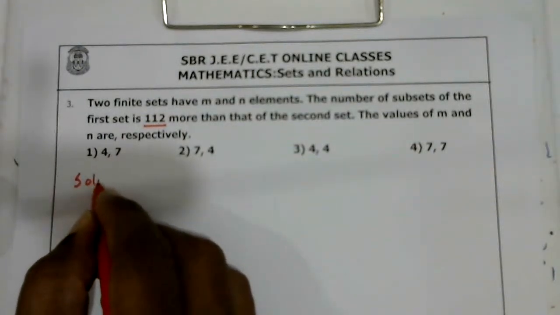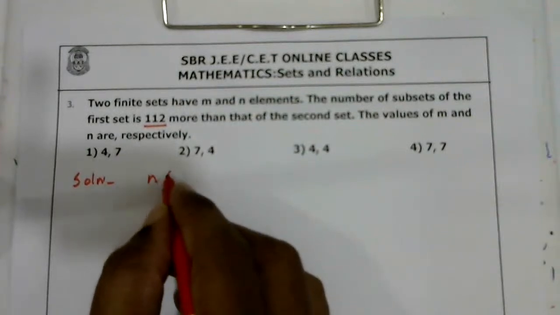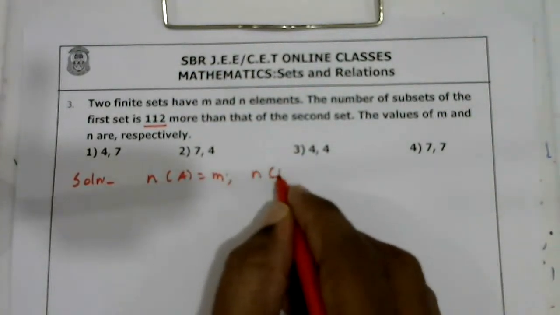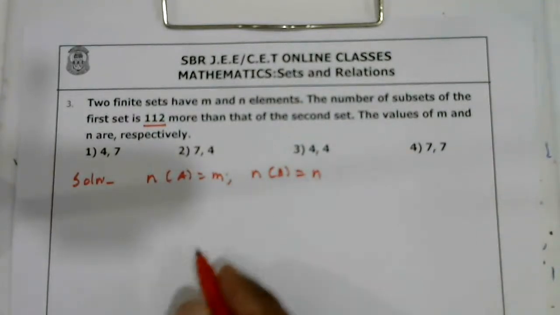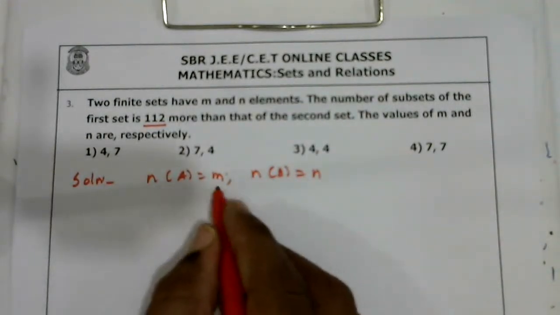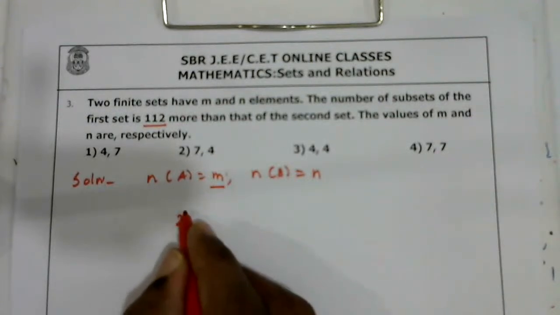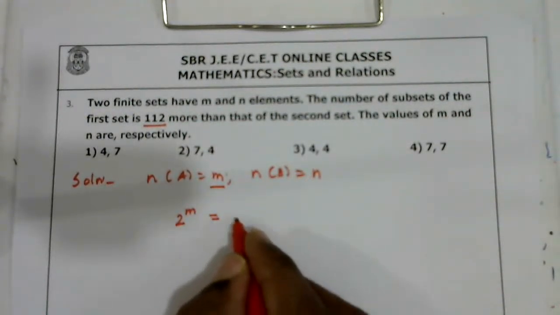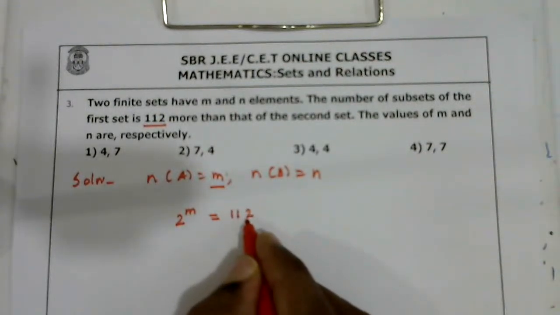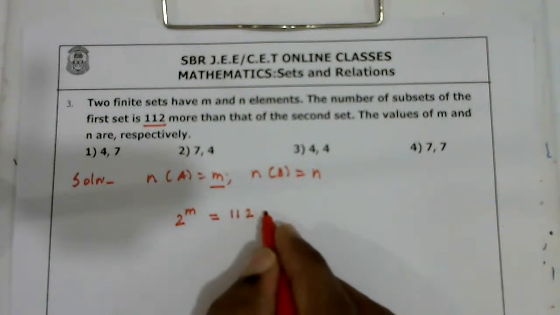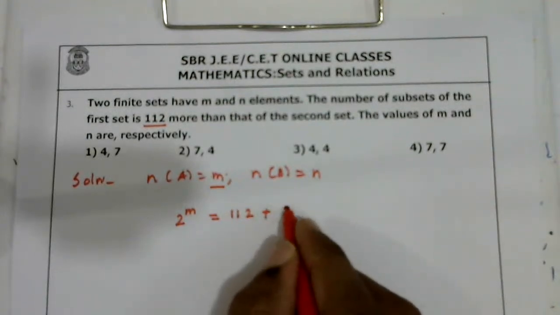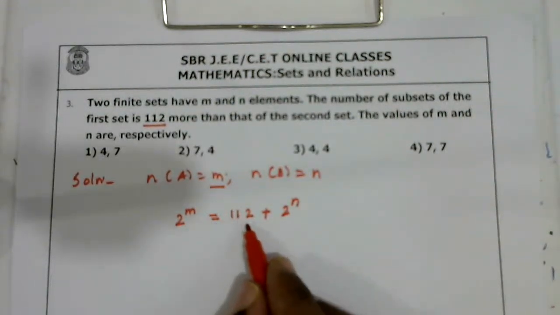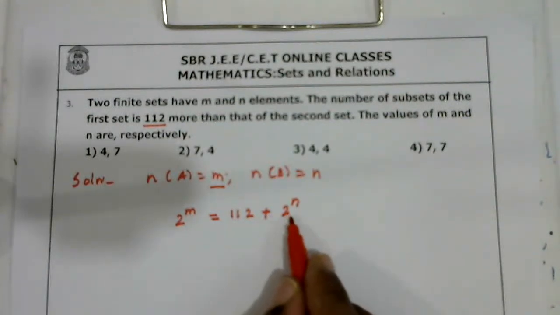So two sets have m and n elements: n of A is equal to m, and n of B is equal to n. What is the total number of subsets for the first set? 2 raised to m. The total number of subsets in the second set is 2 raised to n. The number of subsets in the first set is 112 more than in the second set.